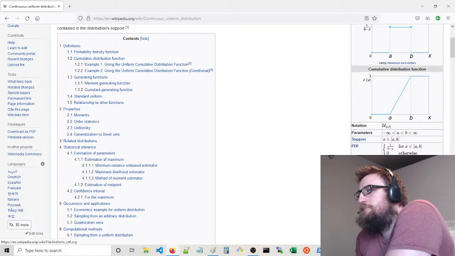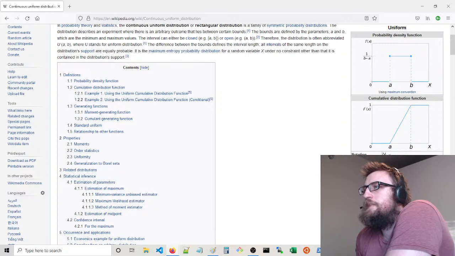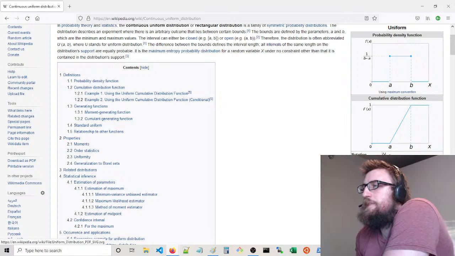So anything from 0 to a is just 0. That's why you have the little f and the big F. This is actually the integral of this function. Over here it's a straight line, and then after that it just stays the same value. Pretty interesting.